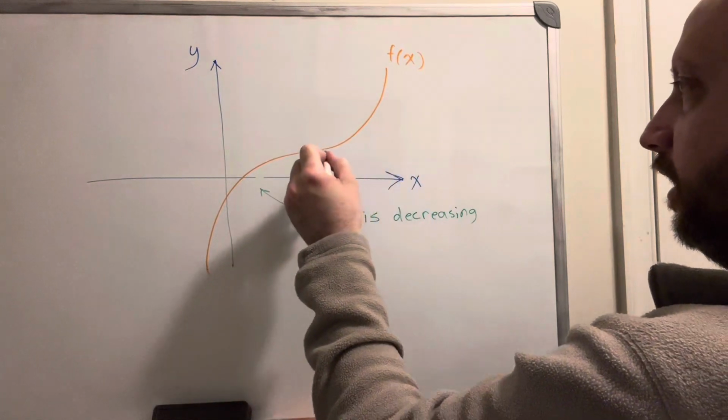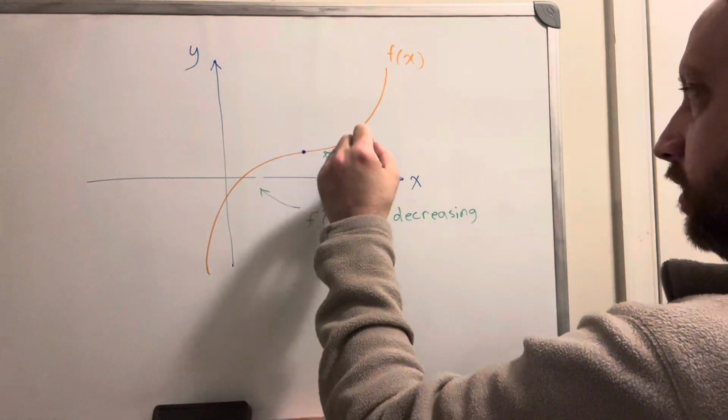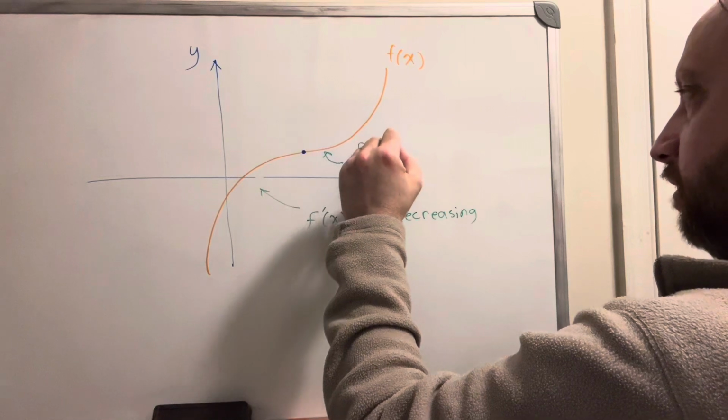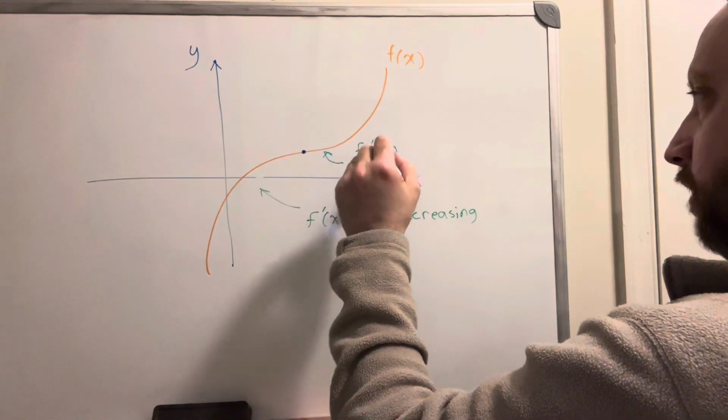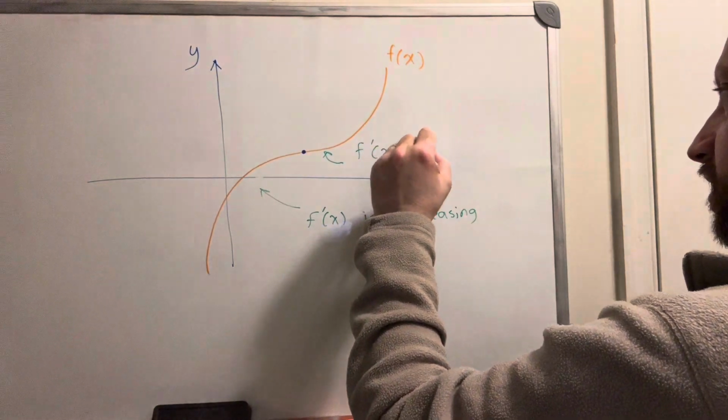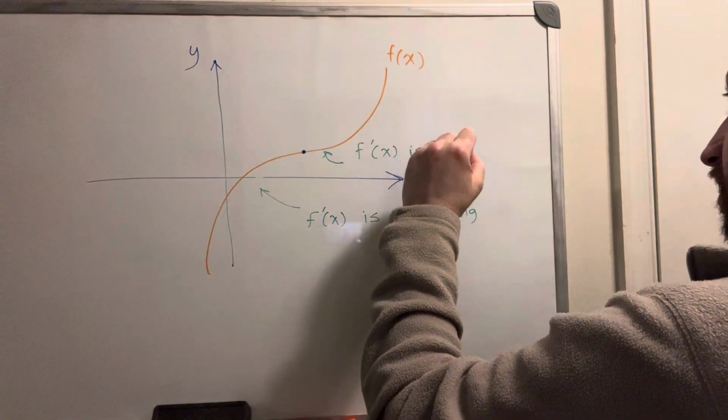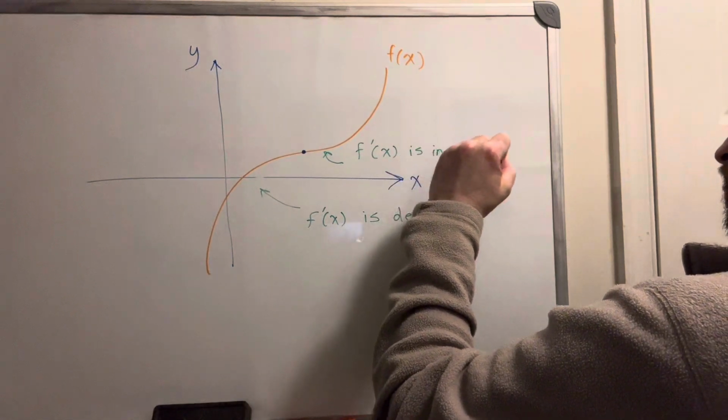And over here, once you pass the point of inflection, the value of the derivative, the value of f prime of x, is increasing.